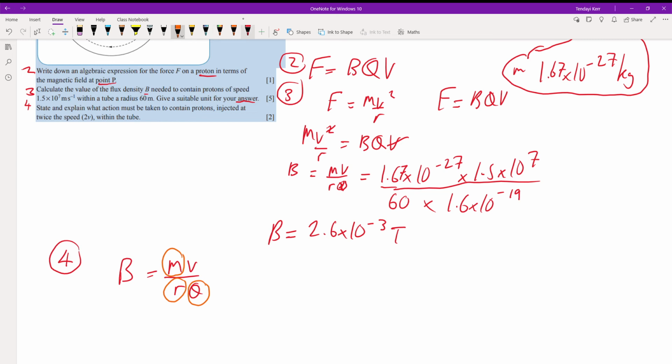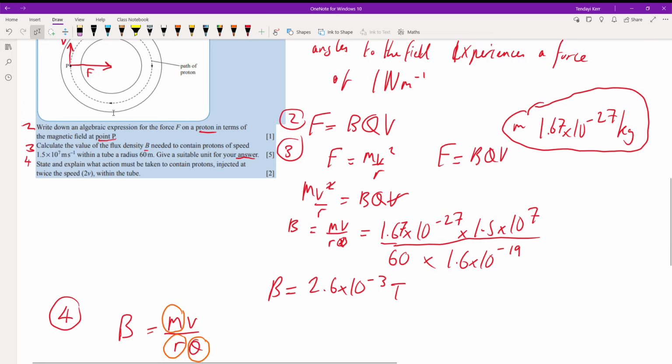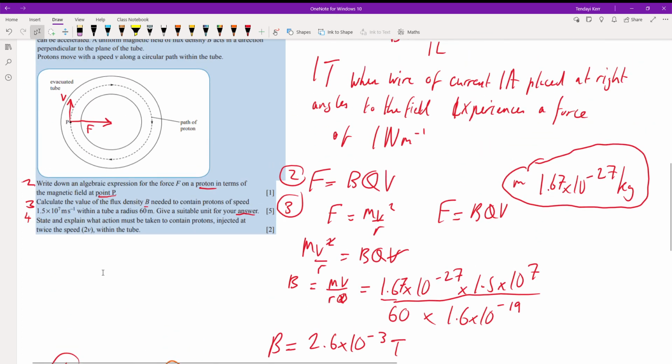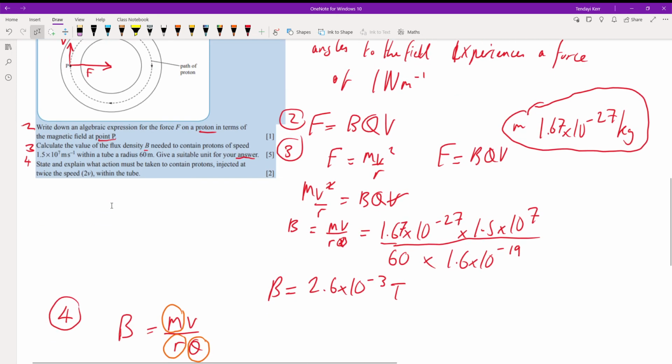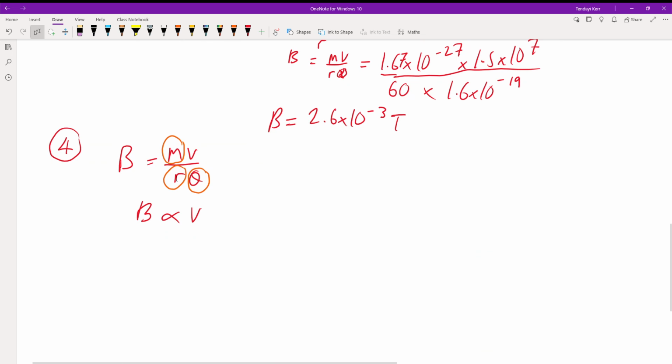So in terms of proportionality, we're saying then that B is proportional to V. So again, just look at the question again. Look at the diagram. It's a fixed tube, and we want to contain it inside this tube. So these have to be constant.